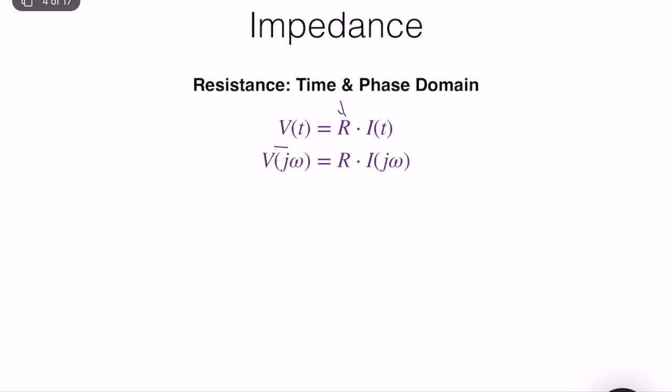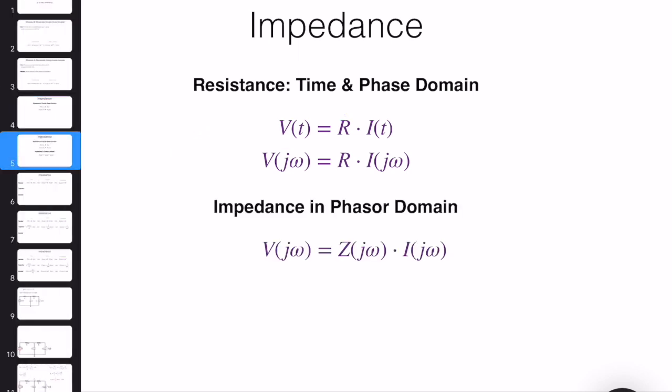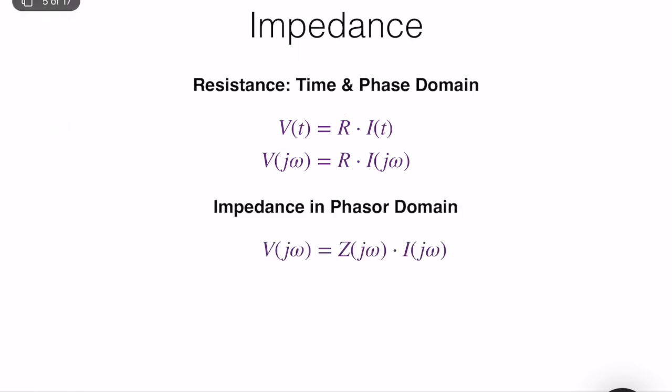So what is impedance? Impedance is a generalization of resistance in the phasor domain. What we are going to do is very simple. We have an element. It can be a resistor, capacitor, inductor, or maybe a combination of them. It will have a voltage, which we assume is in phasor form, so it should be in a sinusoid form. It can be cosine, sine, or a phase-shifted version.